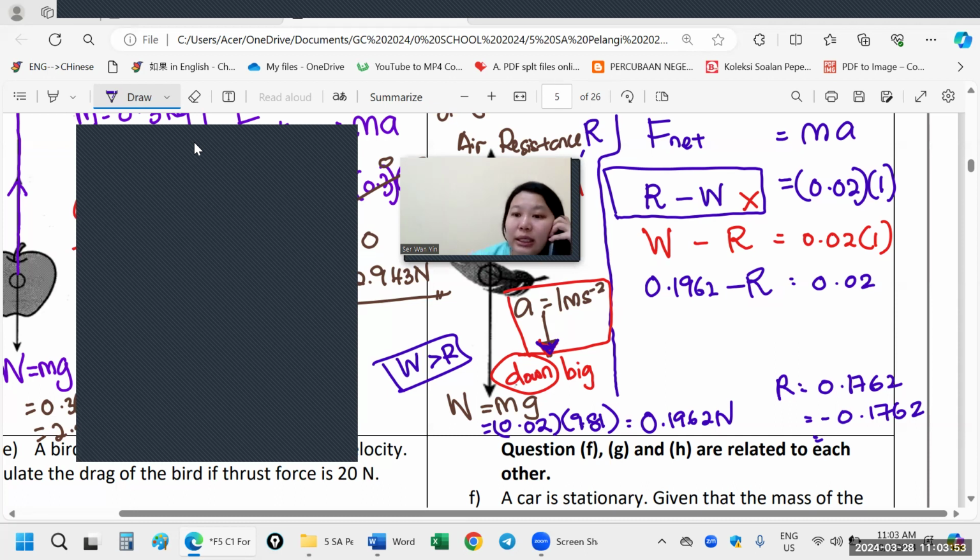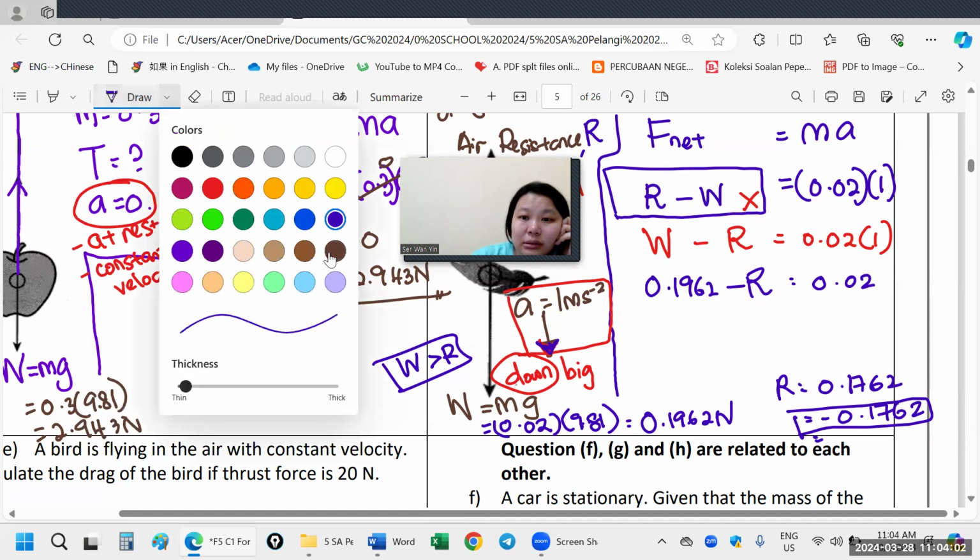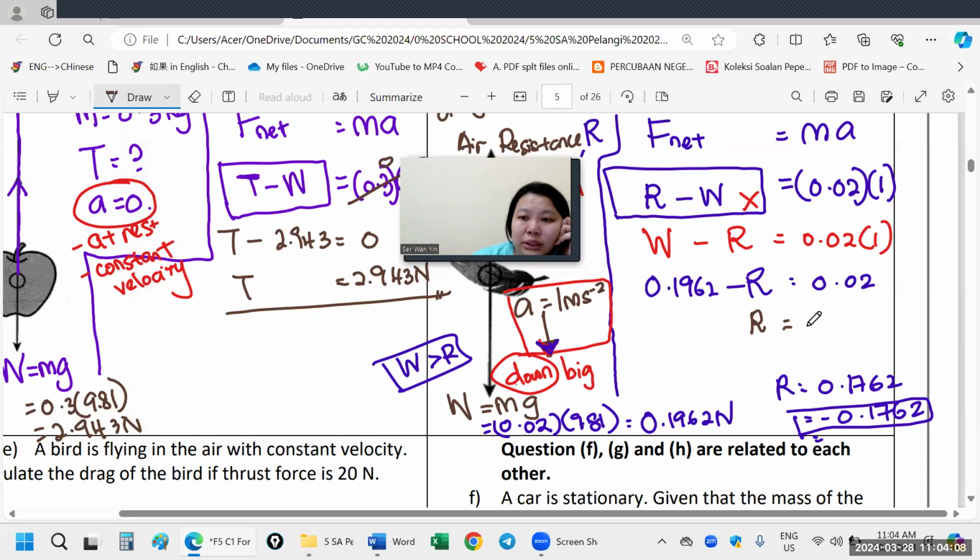Okay, so if you get negative, I believe you are doing this. You are doing this: R equals 0.02 minus 0.1962.